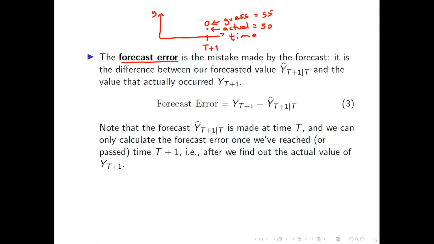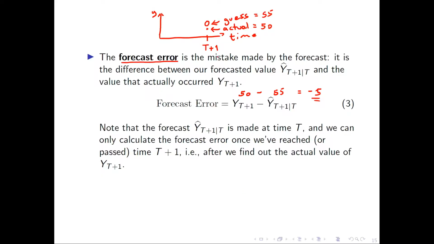So a good forecast will, on average, be quite close to the actual values, but in order to calculate how good your forecast actually is, you have to find a series of forecast errors. And in our case, the forecast error was the actual value minus the forecasted value, which means that we had a forecast error of -5.